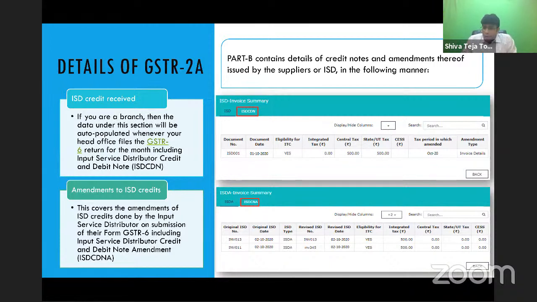I already told you one interesting point there, that ISD can distribute credit only to their branches who are having the same PAN. You cannot distribute to whomever you want. I already told you that Reliance head office can distribute credit to other branches of Reliance, but Reliance will not distribute credit to Tata. And that too, how they'll distribute, one practical point, let me tell you, that they'll not distribute in whatever way they want.